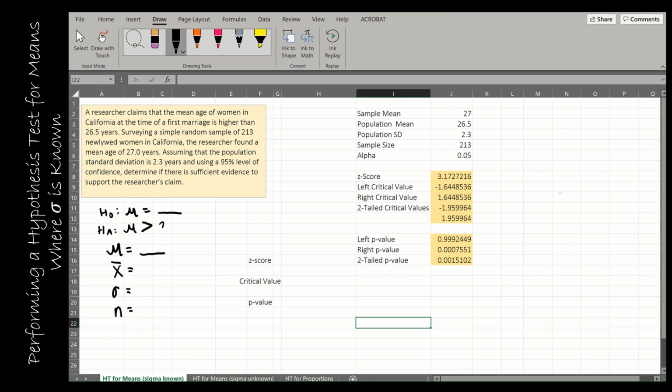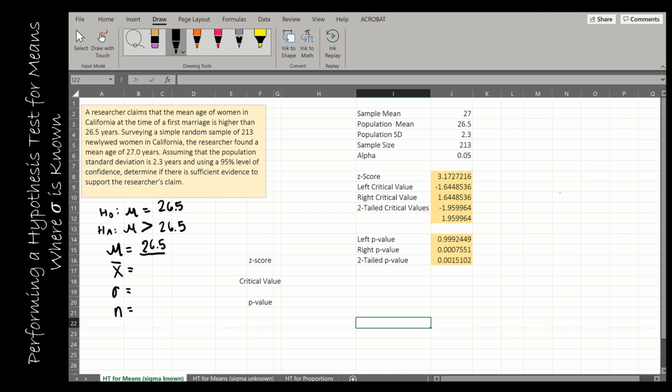The mean is greater than 26.5 years, which means I'm expecting 26.5 years. Now, some textbooks will show this one as less than or equal to 26.5. There's a lot of debate as to which is the more correct way to write it. I have always written it with the equal sign, and that is what your textbook will do as well.